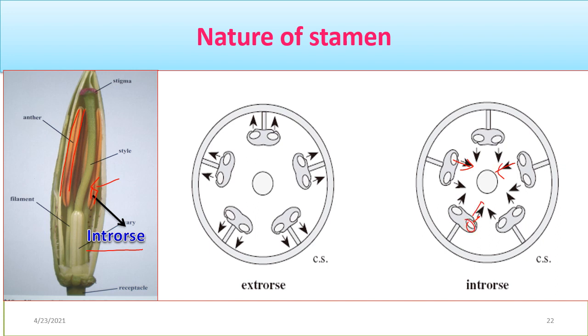This circle is actually the pollen chamber and this is the line of dehiscence. Here in this picture you can see this pollen chamber and line of dehiscence is facing towards the outer side. This is ovary, this is ovary. This line is facing inner side, this line is facing outer side. So outer side is called extrorse and this inner side is called introrse. So these are two different types of nature of stamen, extrorse and introrse.